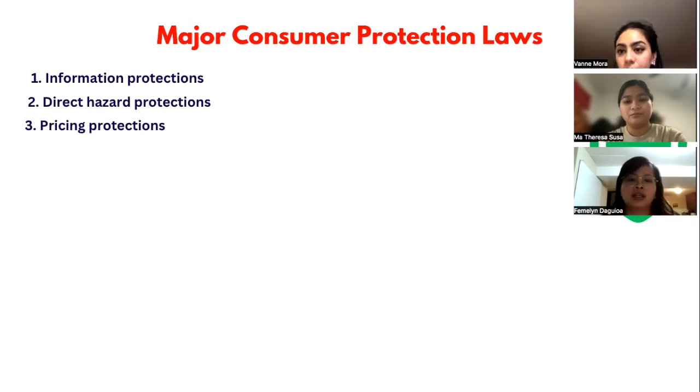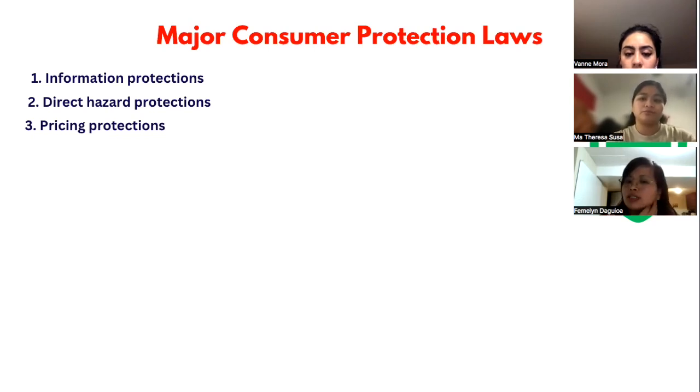So third is the pricing protections, wherein all costs related to purchasing a home, such as taxes or insurance, and fees must be disclosed.